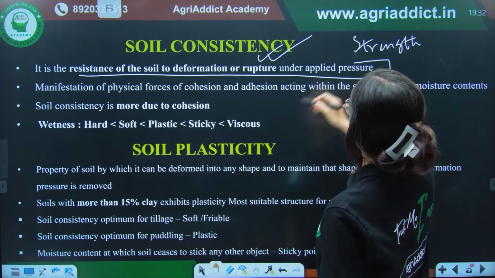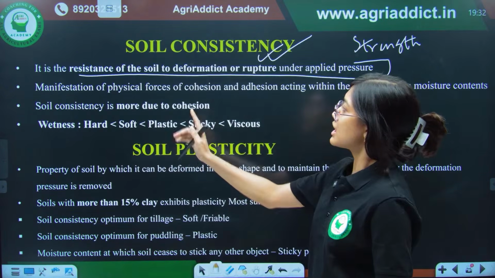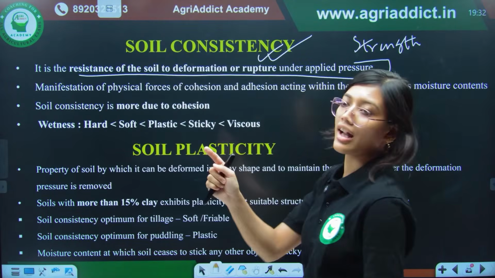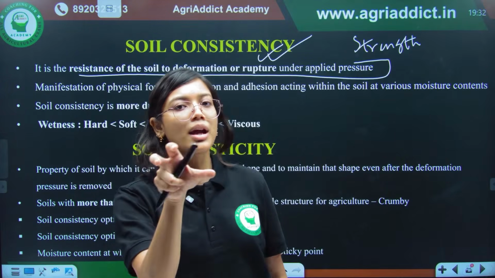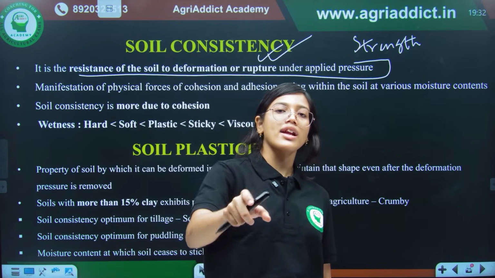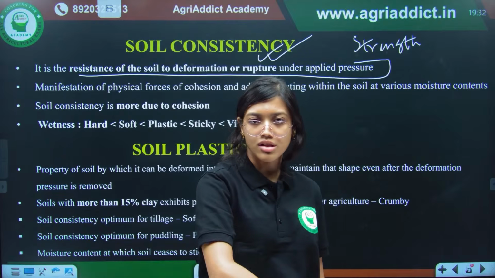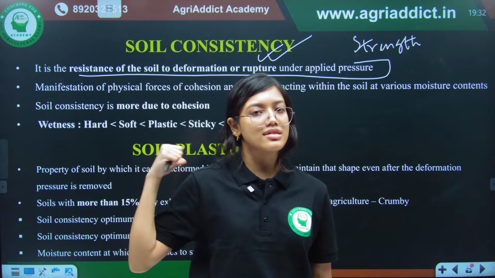The definitions are very similar. Consistency is the resistance to deformation under applied pressure. You apply pressure and see whether or not the soil can retain the newly found structure. That comes under consistency.